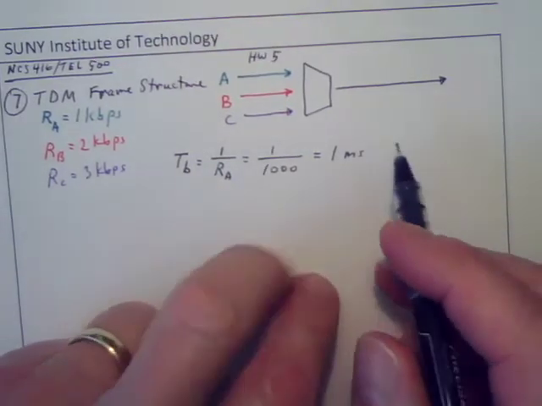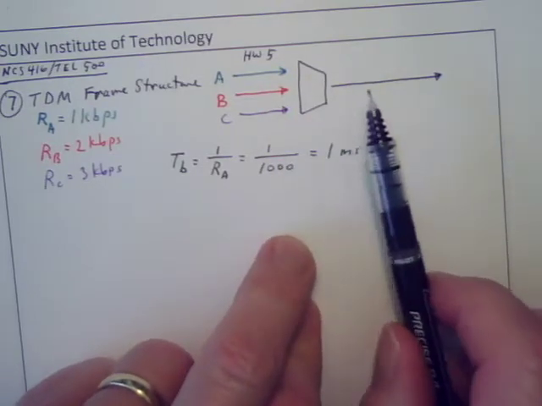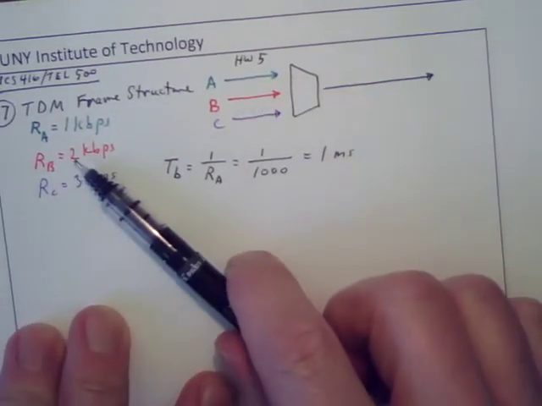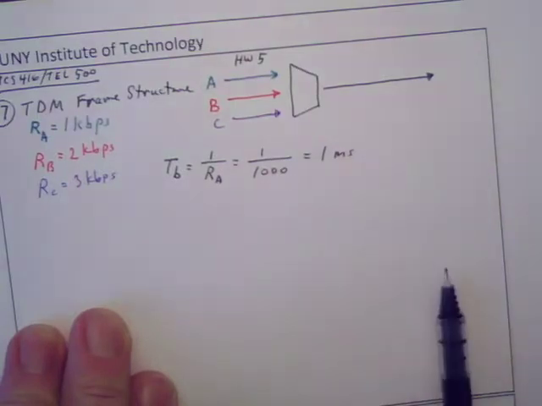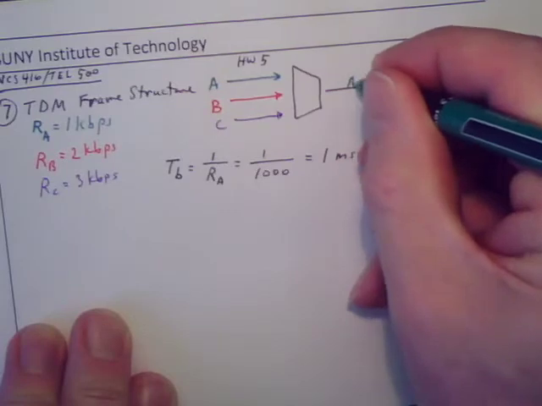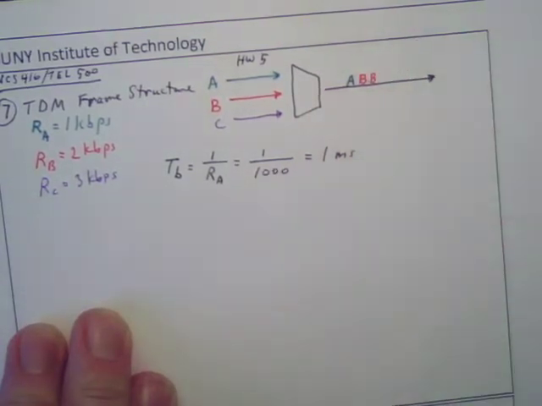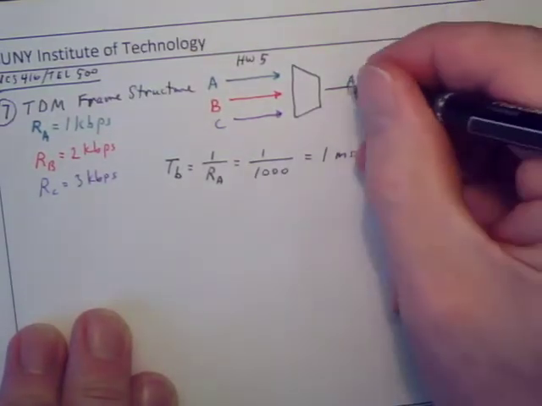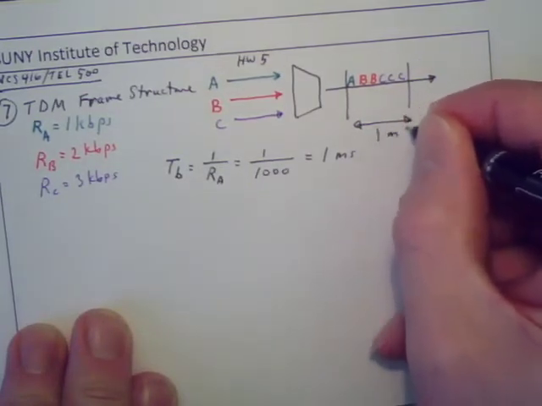Because this is a synchronous system, every time we get a bit from A, we get 2 bits from B because it has twice the bit rate, and 3 bits from C. So we can create a structure with 1 from A, 2 from B, and 3 from C, all in the same period of 1 millisecond.